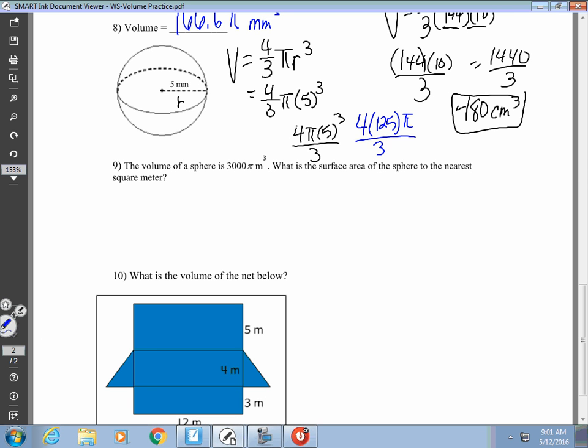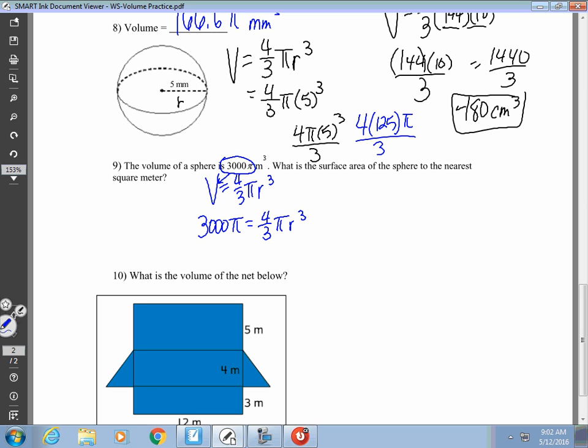Now, remember, to do volume of a sphere, we do 4/3 pi r cubed. Write that down. Can you tell me what this number right here, this 3,000 represents? It represents the volume. So we're going to plug that in for the V. We're going to say 3,000 pi is equal to 4/3 pi r cubed.